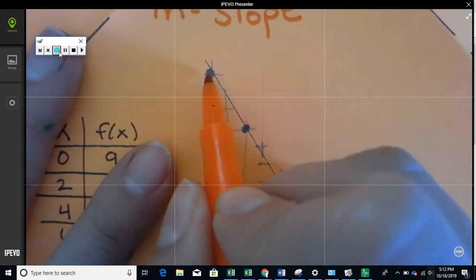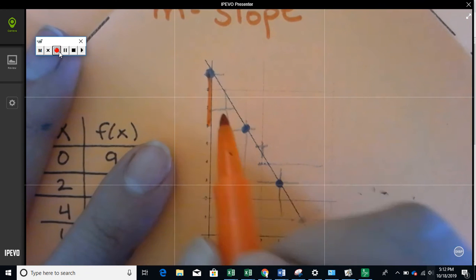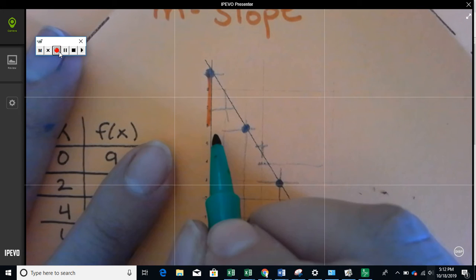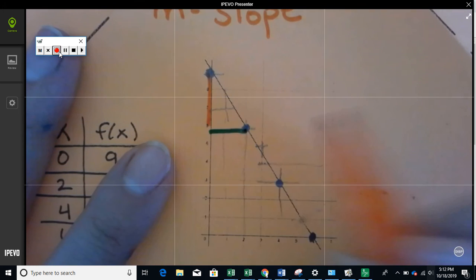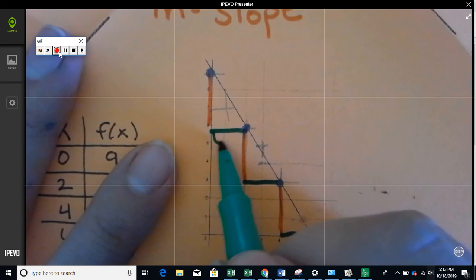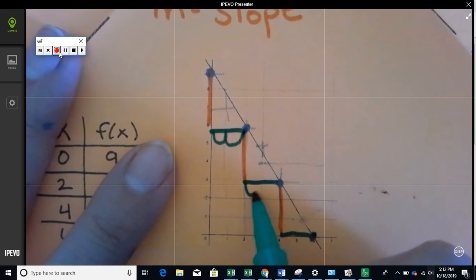Alright, so then we're going to draw the stairs. So you're using the lines already there. So draw the green, orange, green, orange, green. And here's how I knew that I was doing that wrong. Because look, it runs every two, and if I try to put one there, it wouldn't make any sense.